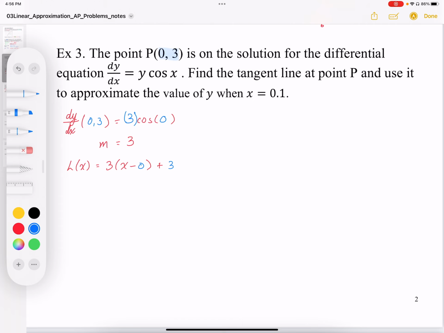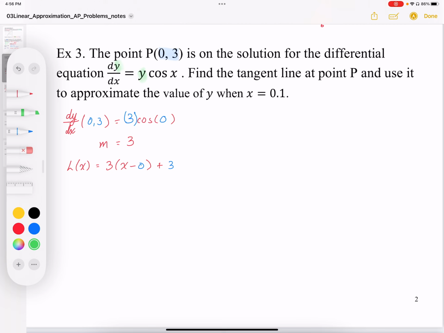And using it to approximate the y value at x equals 0.1, maybe I'll just do a different color here. When we're talking about the y value, maybe I'll do this in green, indicating that's the y in this equation here.